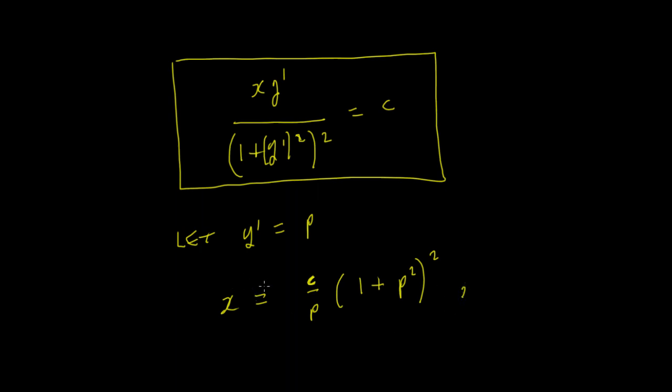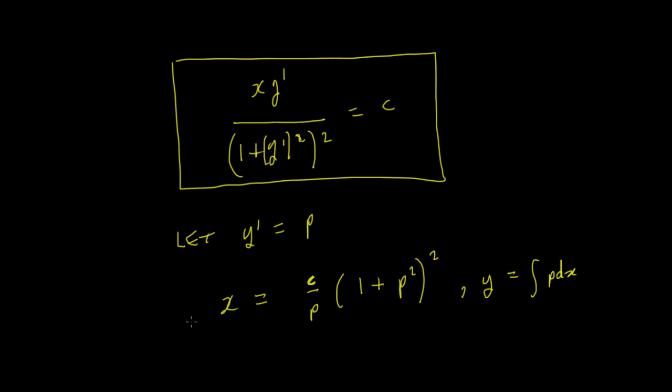So the y value, well, y is just going to equal, we just integrate this here, so y is going to be the integral of p dx, since y derivative is p.